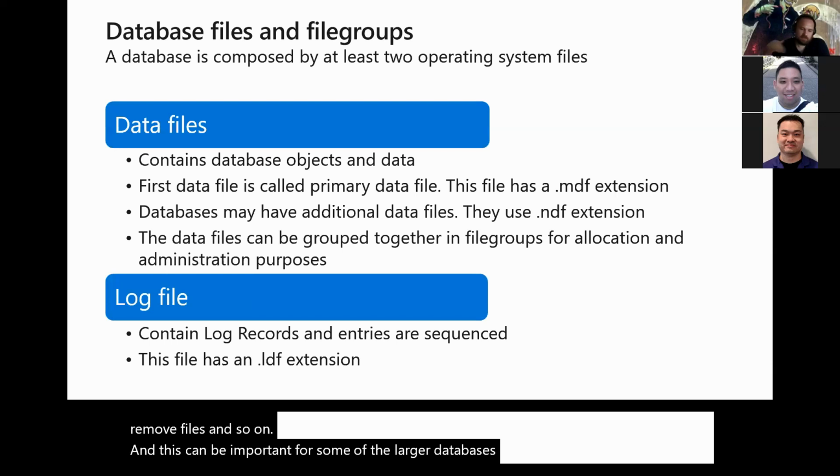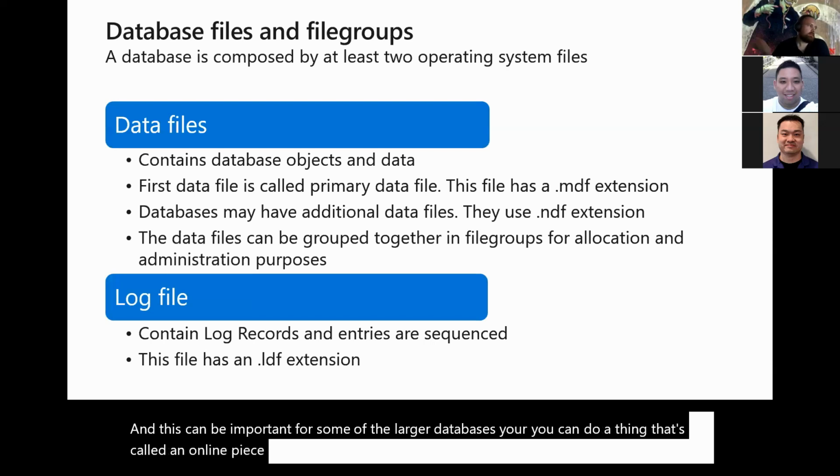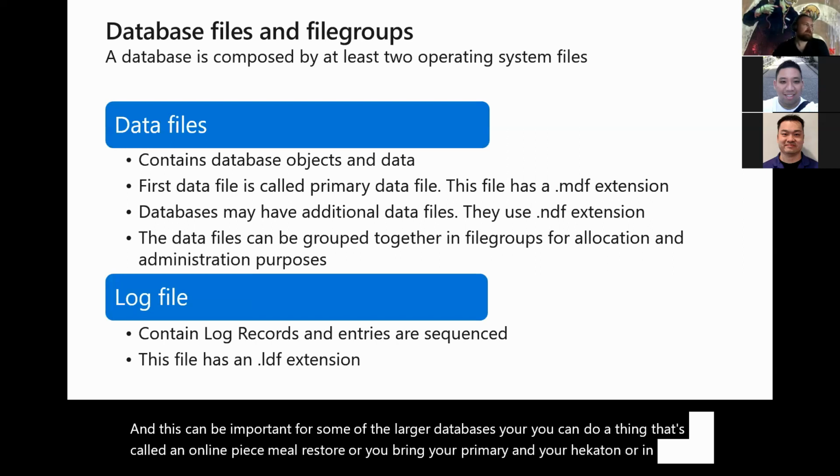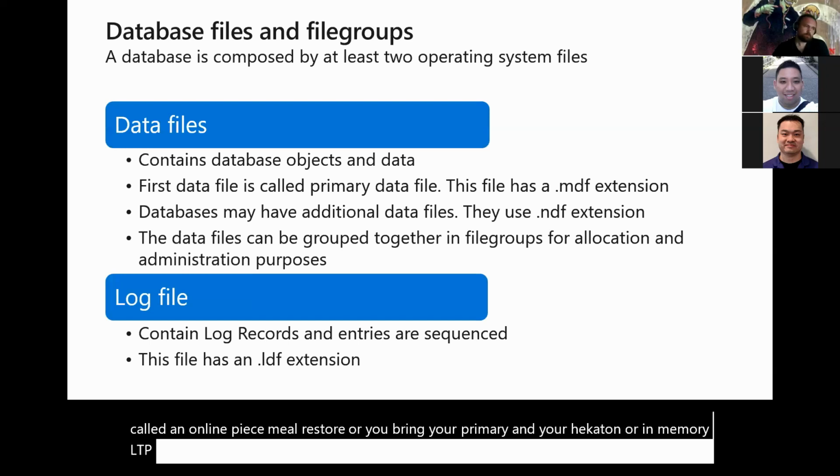You can do what's called an online piecemeal restore, where you bring your primary and your in-memory OLTP filegroups online first.